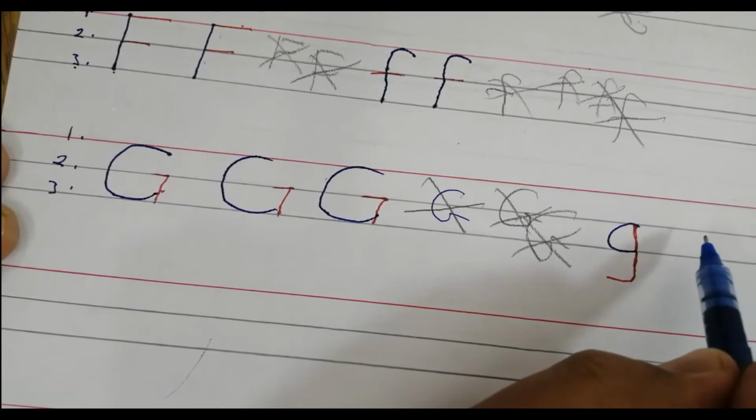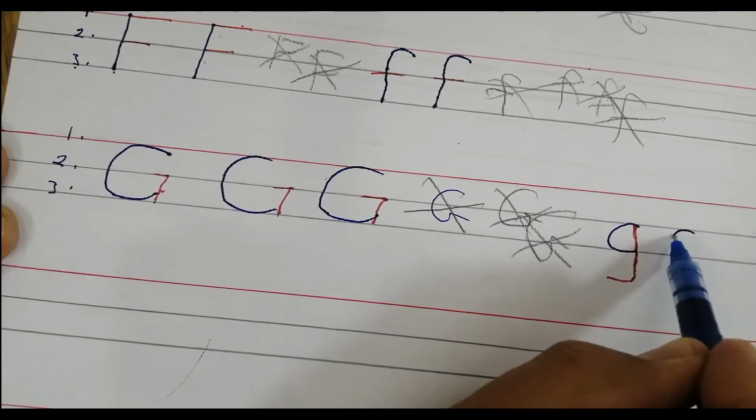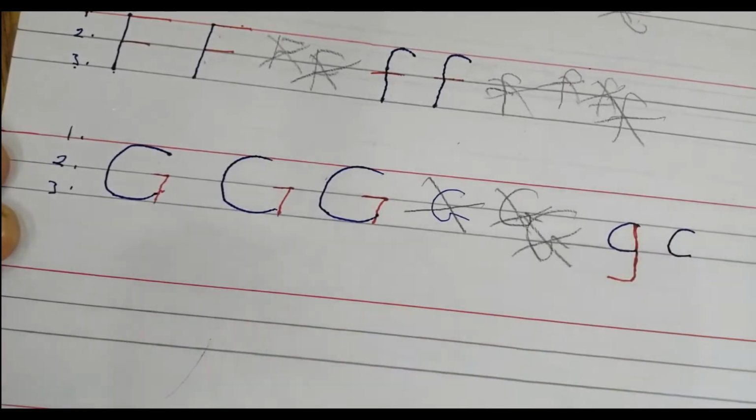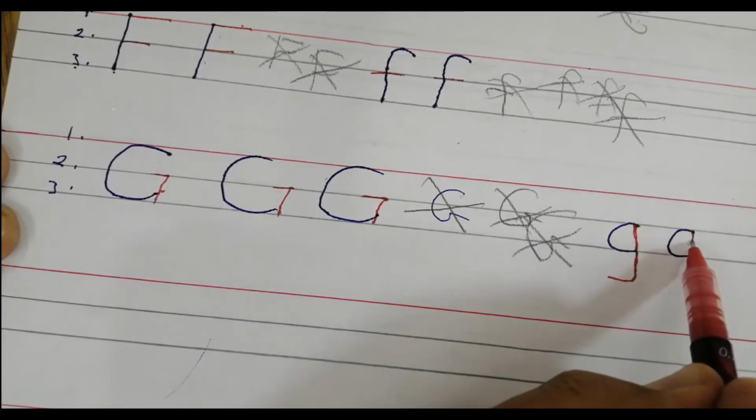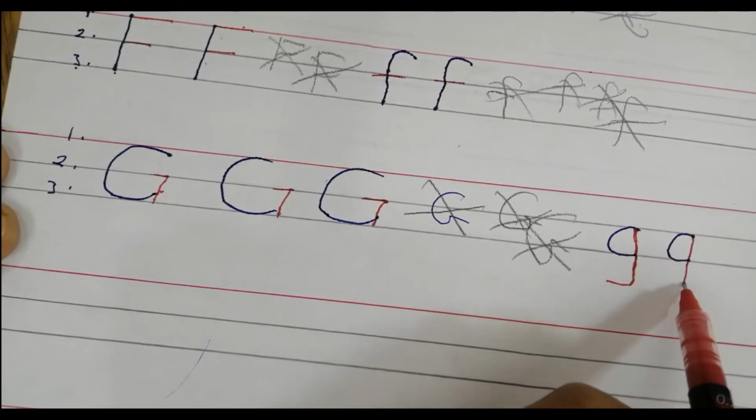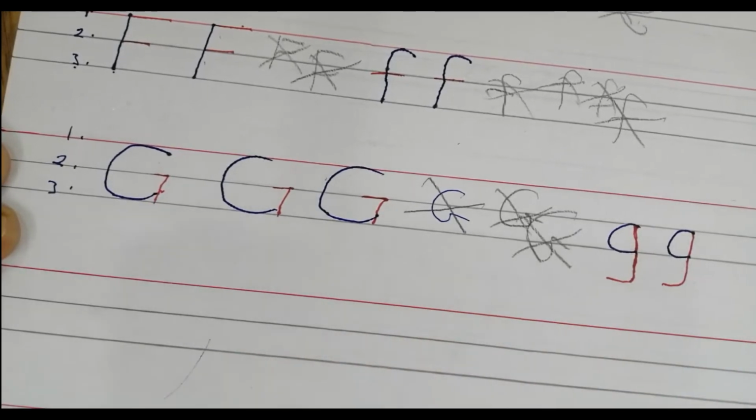Again, half circle between line 2 and line 3, and the falling line from line 2 crossing line 3 and like that.